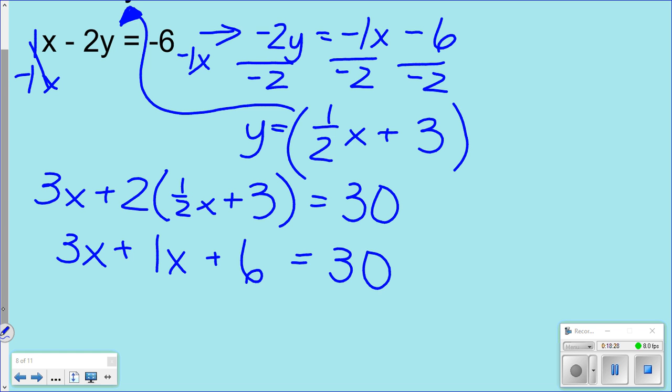Solve for your x. Combine what you can combine. See if you can finish it.